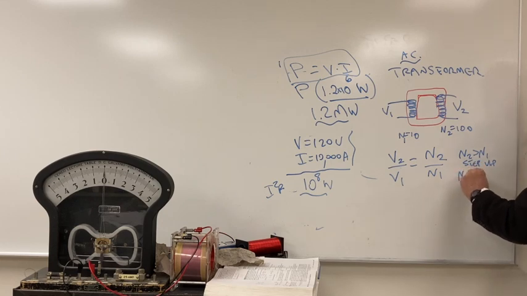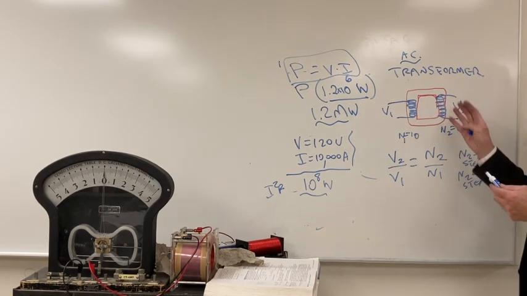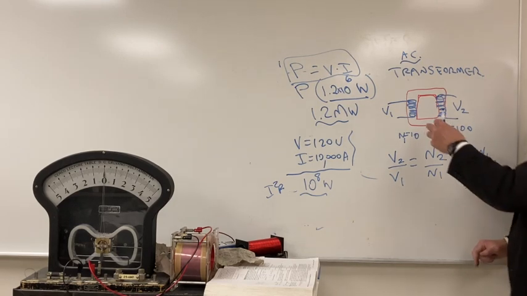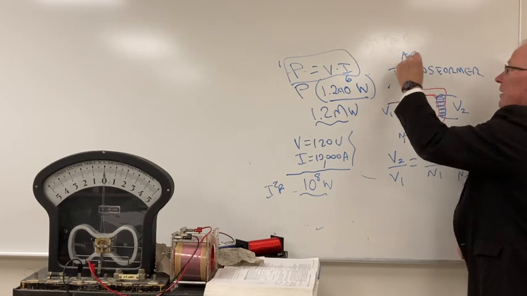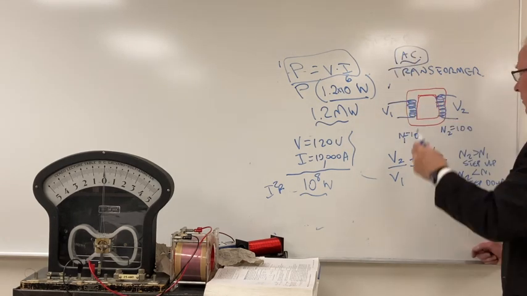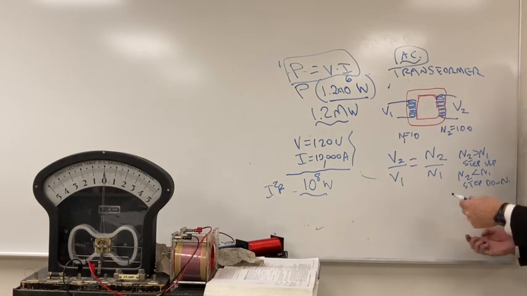If N2 is less than N1, it's step down. And there's almost no loss of energy here. It's an extremely good way of changing voltage efficiently. So you have just an iron piece, voltage coming in, again, it's all AC, and the voltage coming out is proportional to the ratio of the turns.